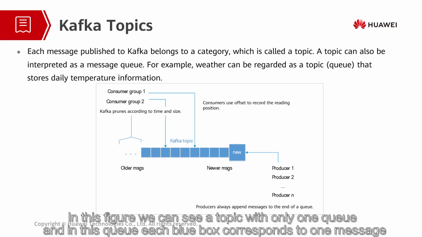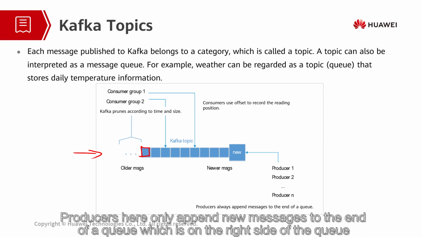In this figure, we can see a topic with only one queue, and in this queue, each blue box corresponds to one message. Producers here only append messages to the end of a queue, which is on the right hand side of the queue.